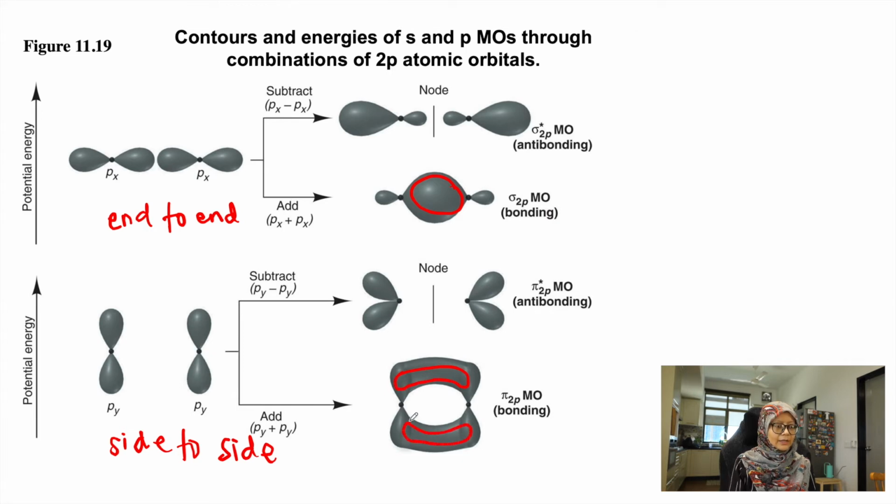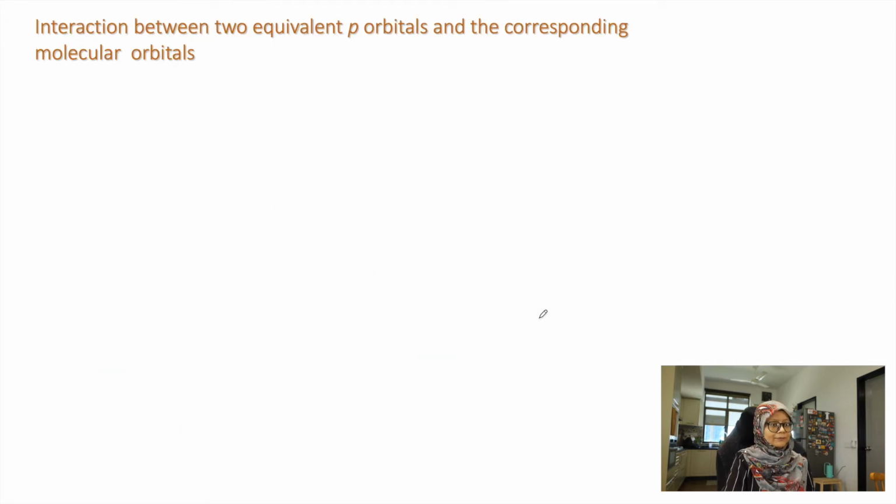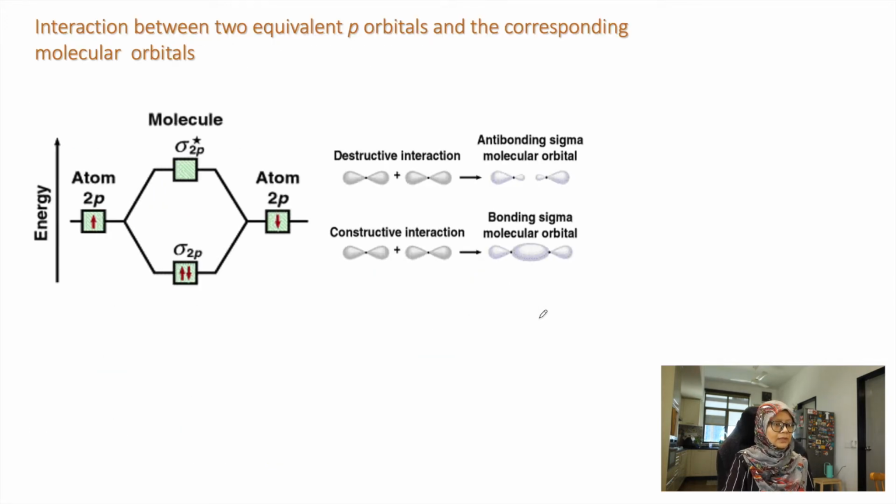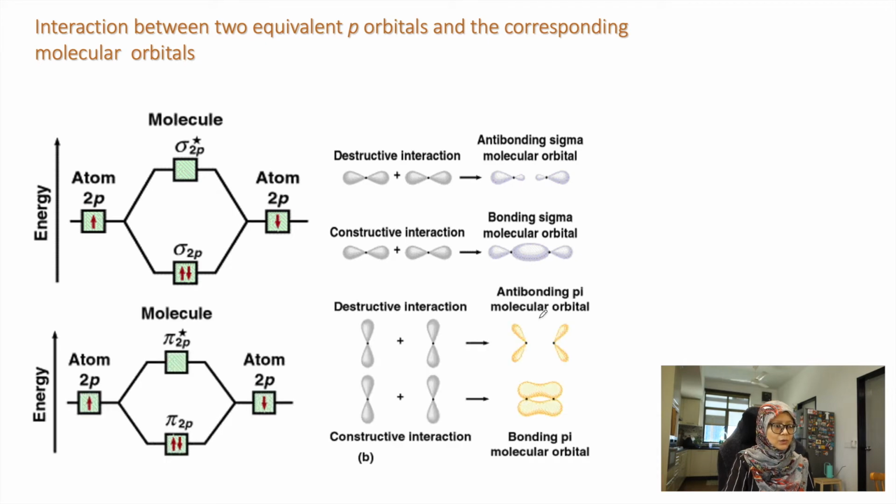And if we subtract these two side to side, it will have a node here, and then it will have this kind of shape, where the electrons try to escape from the node, and it will form a pi star 2p, which is an antibonding.